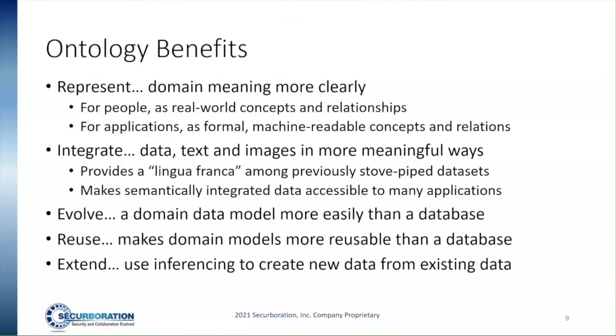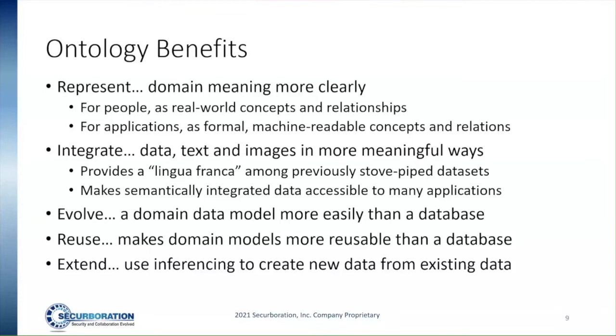Third, an ontology-based data model is more flexible than a conventional data model, meaning that it's easier to modify and evolve the ontology over time. If you've ever worked with relational databases, they're built with their use case up front, and adding new tables is not something that scales over time. They become very brittle, and every little change tends to break things. So ontologies make it easy to add new facts and data.